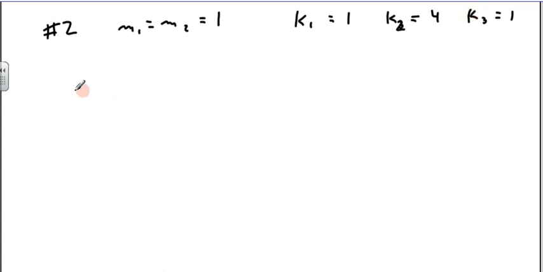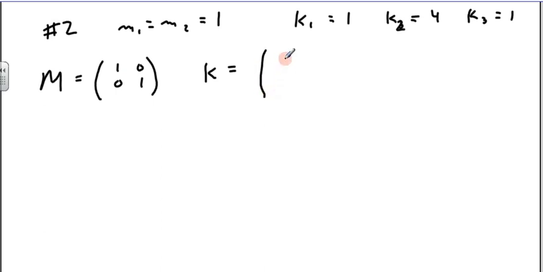Okay, and I got my matrix M is going to be 1, 0, 0, 1. Okay, and my matrix K, and the book tells us how to get that, is going to be minus 5, 4, 4, minus 5.